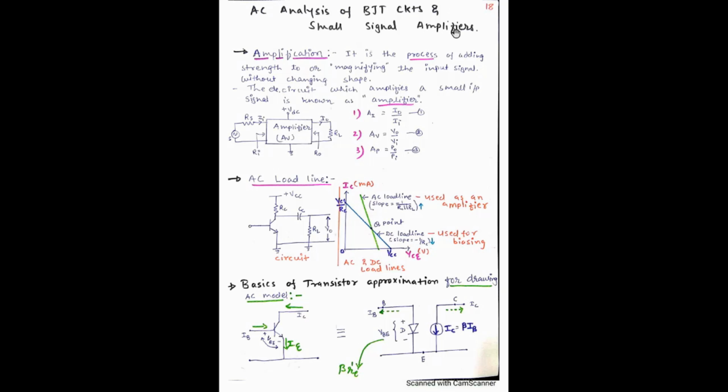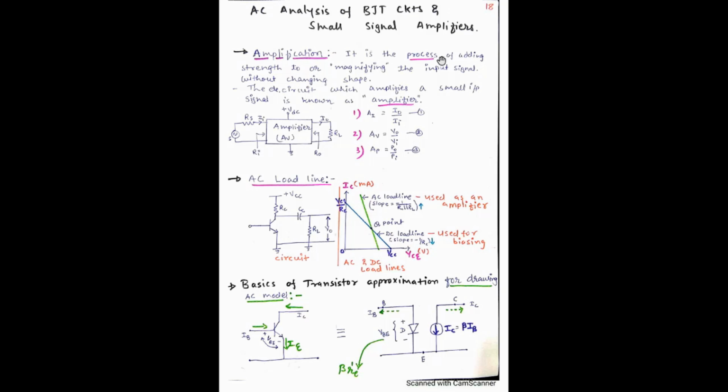So before drawing any of the small signal amplifiers or AC analysis circuits, we need to understand the definition of amplification. So let's start with the amplification of any signal. What is the definition of amplification?